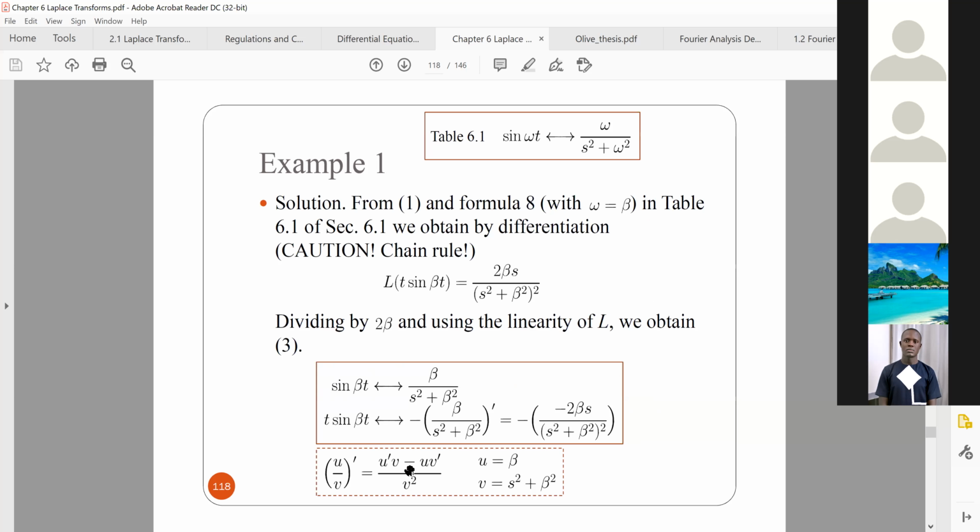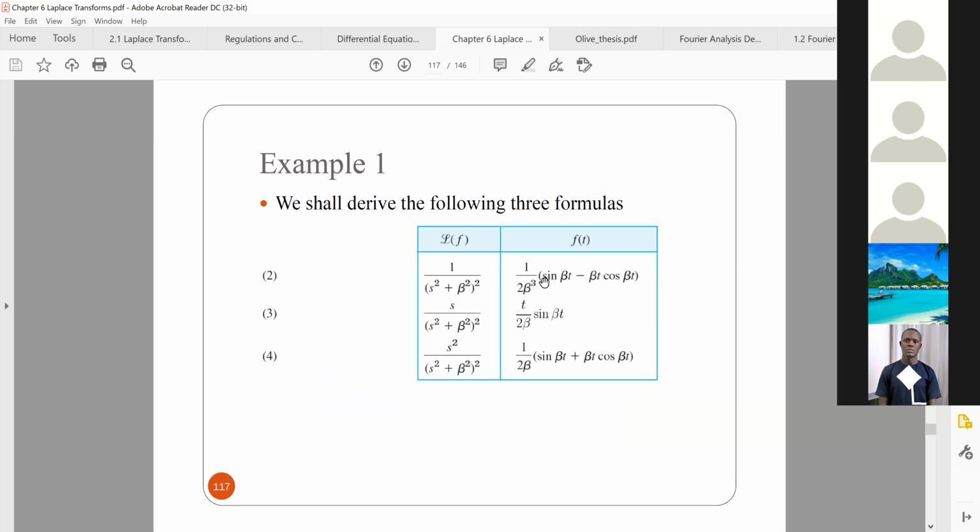If you substitute into this formula, taking u as beta and v as... I got confused because I was looking at omega. So our formula is this. Remember, we are using beta, not omega.